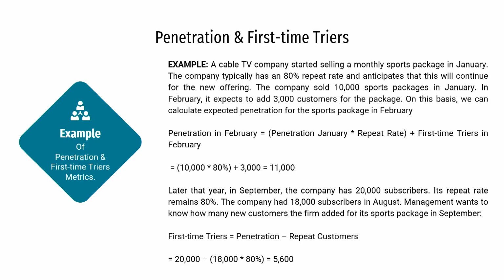Let us look into this example. A cable TV company started selling a monthly sports package in January. The company typically has an 80% repeat rate and anticipates that this will continue for the new offering. The company sold 10,000 sports packages in January. In February, it expects to add 3,000 new customers for the package. On the basis of this data, we can calculate the expected penetration for the sports package for the month of February.